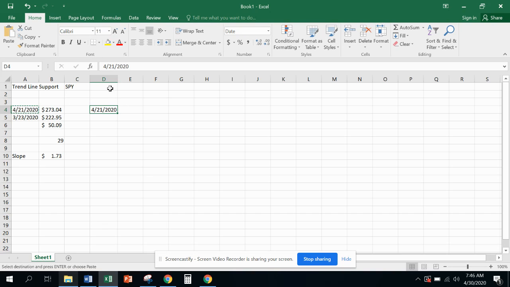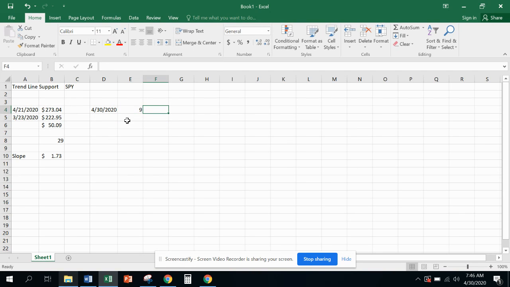Sorry, I'm doing this on the laptop instead of the desktop, and this is not as easy. Okay, so we'd like to know where we're going to be on the 30th, which is today, to stay above the trend line. So let's figure out how many days have passed from the last known low to today, and that was a difference of 9 days.